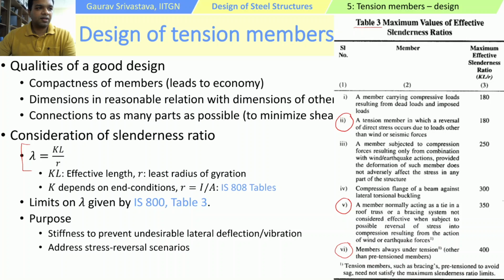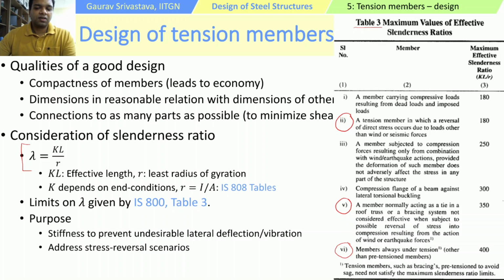But in general, there will be many members which are, let's say, always under tension, right? So for these members also, a certain minimum stiffness is required so that the lateral deflection or vibrations which can occur in day-to-day operations can be avoided. So if you remember a string, when you tighten a string, it is possible to pluck it, right? A guitar string, for example. So now, it is possible that a string of that kind of an area might be sufficient in resisting a certain amount of load, right?